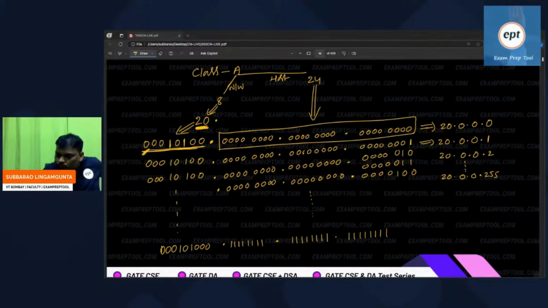Fine. So next one, can you see this one? Interesting answer. Whenever this reaches 255, it will slowly shift to the next octet. It will become 20.0.1.0. It became 20.0, slowly, one by one.